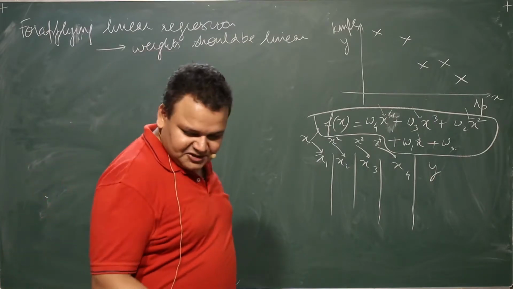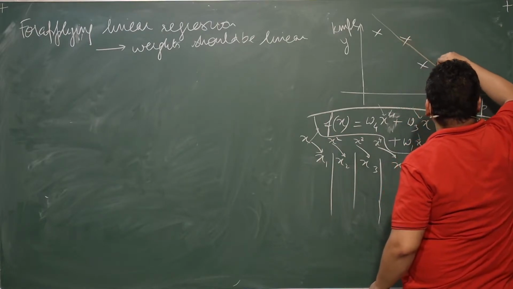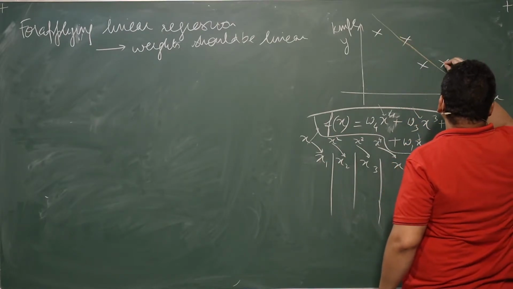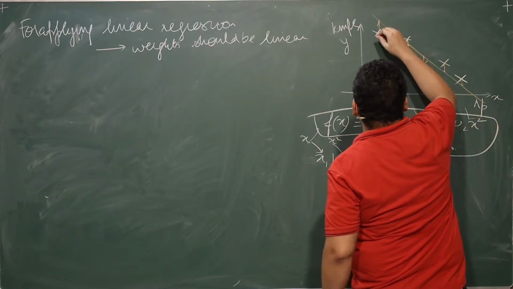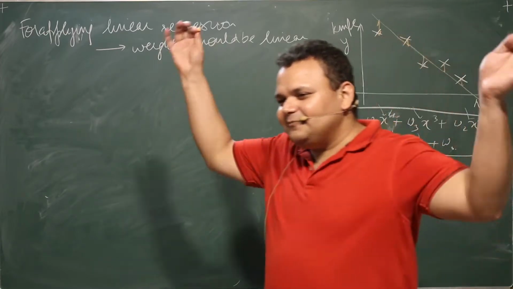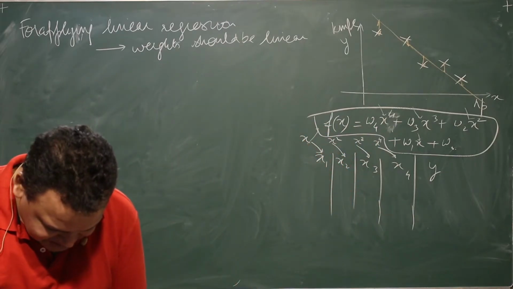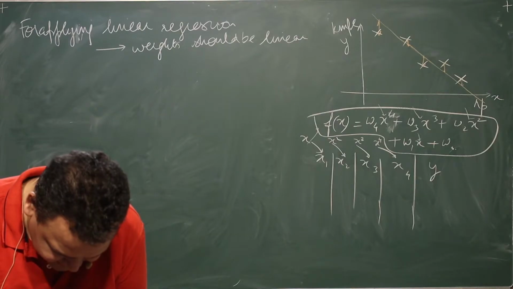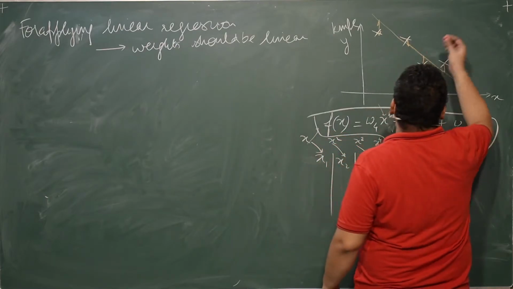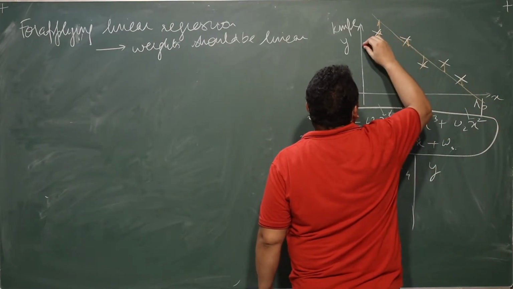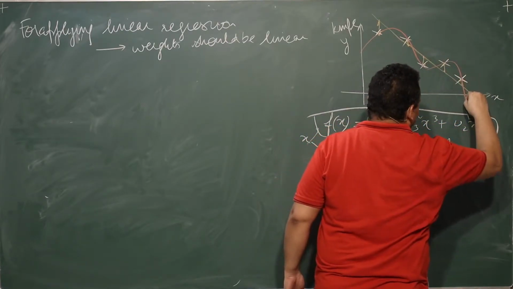Yeah. So a linear function, let me draw the linear function. It had this error, plus this error, plus this error, plus this, plus this. Even if you change the linear function in any possible way, you could not go lower than that. This was your linear function. Now if I were to try to fit this polynomial, I don't know how a 4-degree polynomial looks like, but let us say it looks something like this.